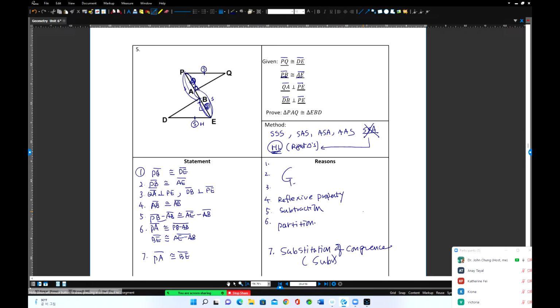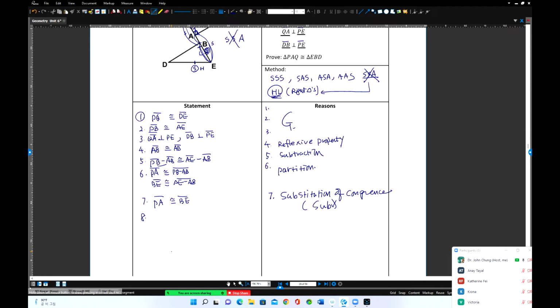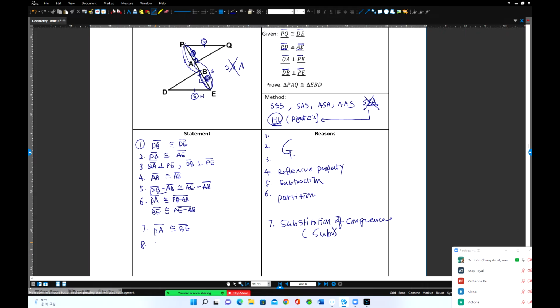Now check it out. You got the side, angle, but side to side angle is not available here. No, we can't do this one, but we can do that because this is a right triangle, okay? So you have to say these two triangles are right triangles, okay? Angle PAQ, because they are perpendicular from here.